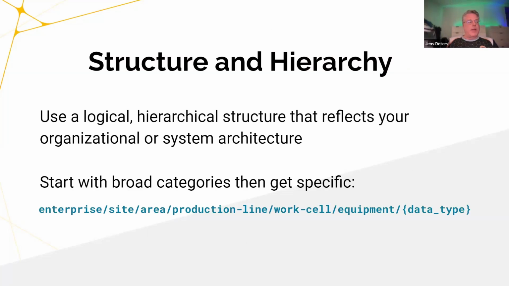Keep in mind that the unified namespace is meant to show your real-time data in your enterprise. So you follow this approach with broad categories and then get more specific, like this ISA-95-like structure.